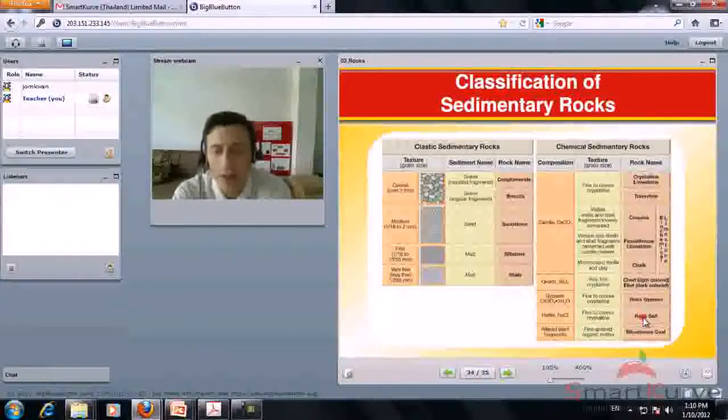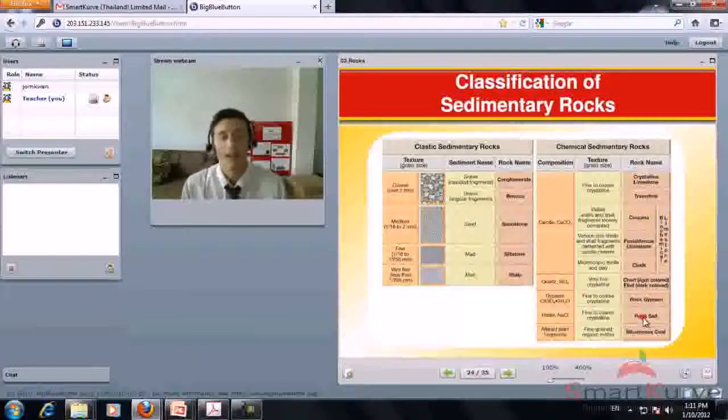On slide 24, you can see the classification of sedimentary rocks. Like igneous rock, we break them down by texture, with the very coarse rocks that have large particles going down to the fine rocks that have very small particles.